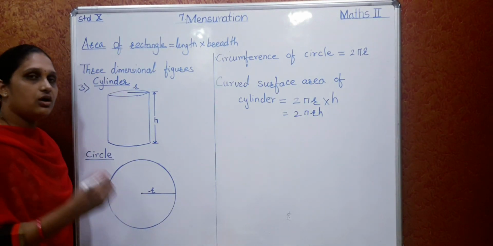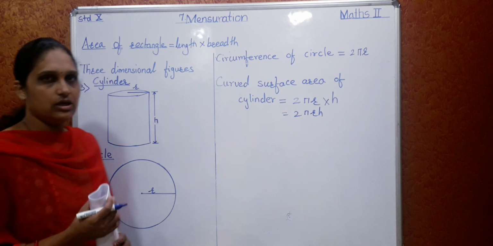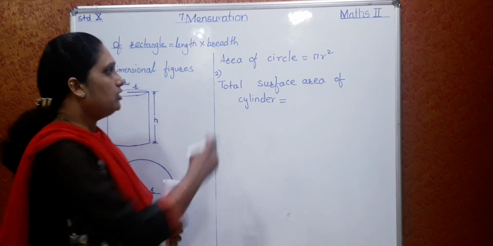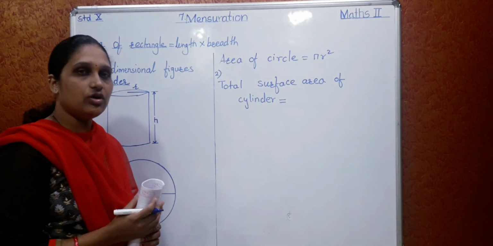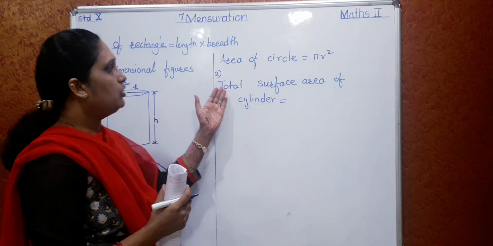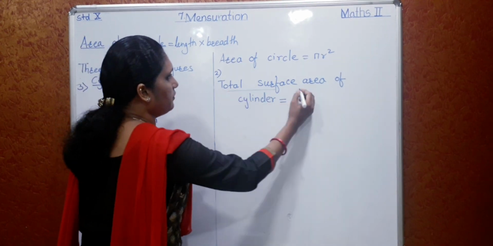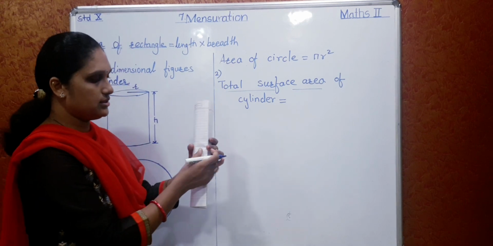Okay students, now we'll see the second formula, which is the total surface area of the cylinder. To derive the formula for total surface area, see what is required. As the name suggests, total surface area. Total means what? See, this is our cylinder.